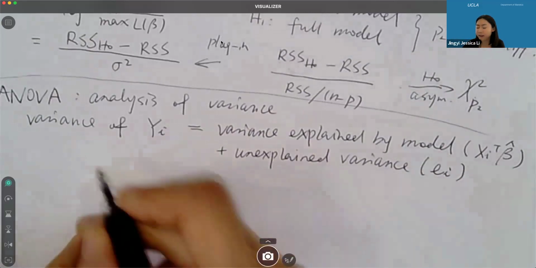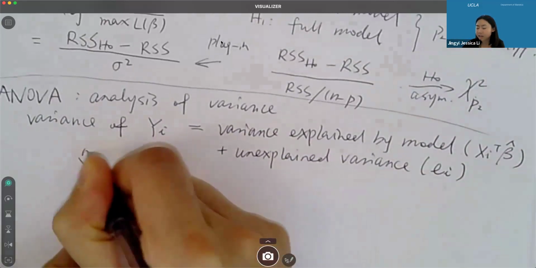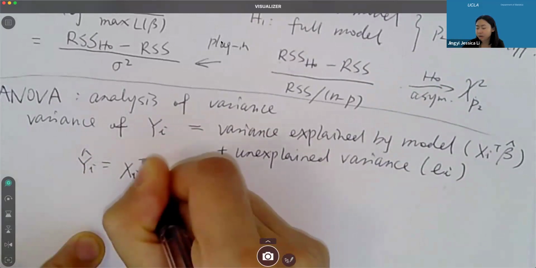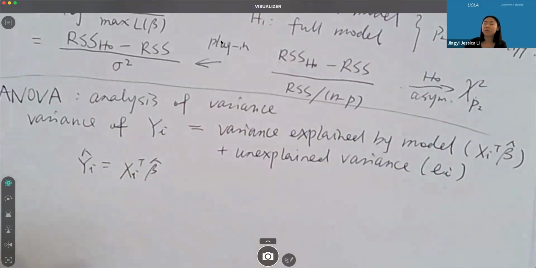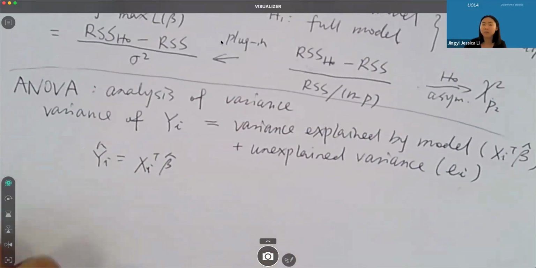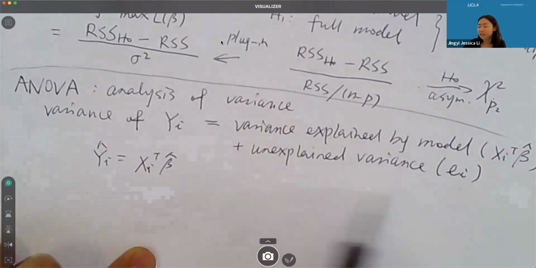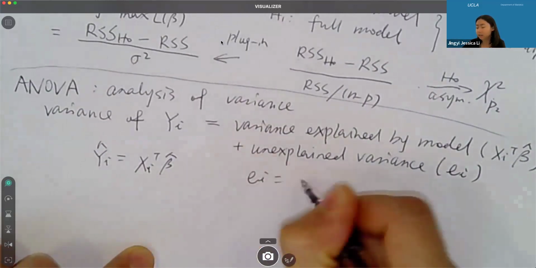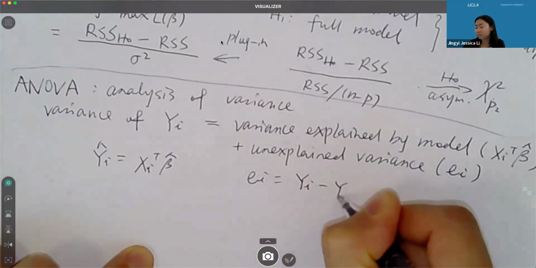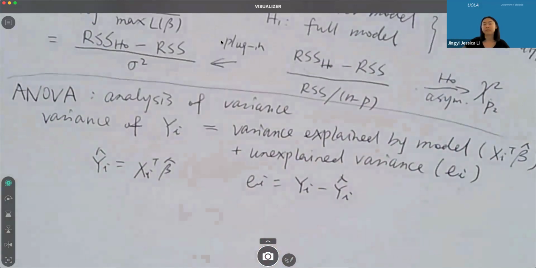So again, just a reminder, yi hat is just xi transpose beta hat. That's our fitted value for yi or predicted value. And then ei is just yi minus yi hat. And the introduction of the hat matrix is based on this, right?